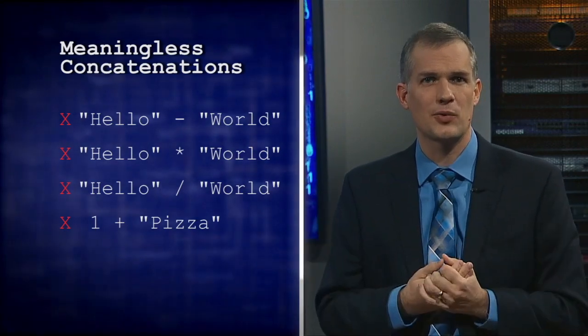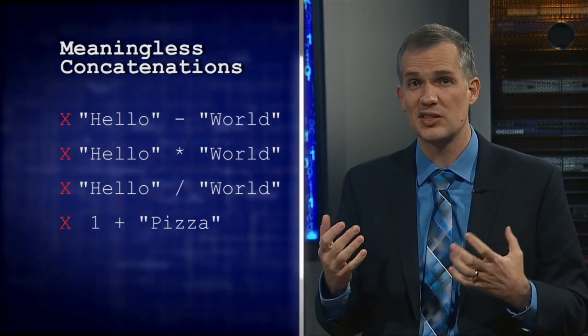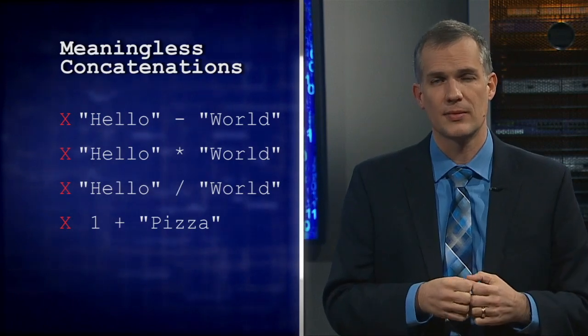It's an undefined operation. 1 plus pizza does not give us 1 pizza. Now, an exception that you may come across is that in Python, we can multiply a string by an integer to get the string repeated several times. But don't let this rare exception distract you from the larger point that data of different types normally don't mix.